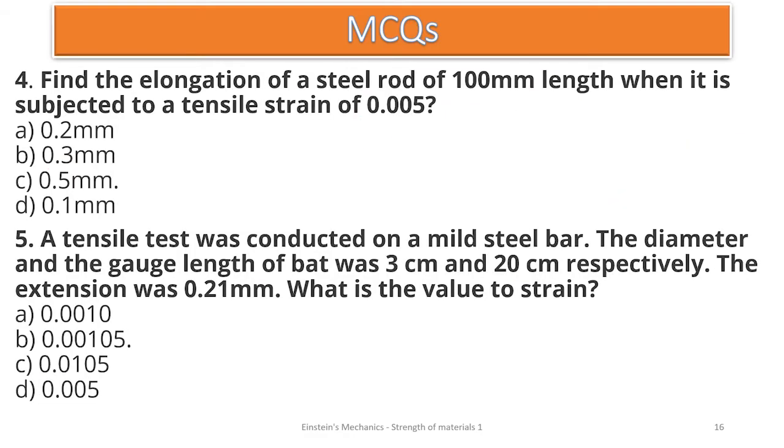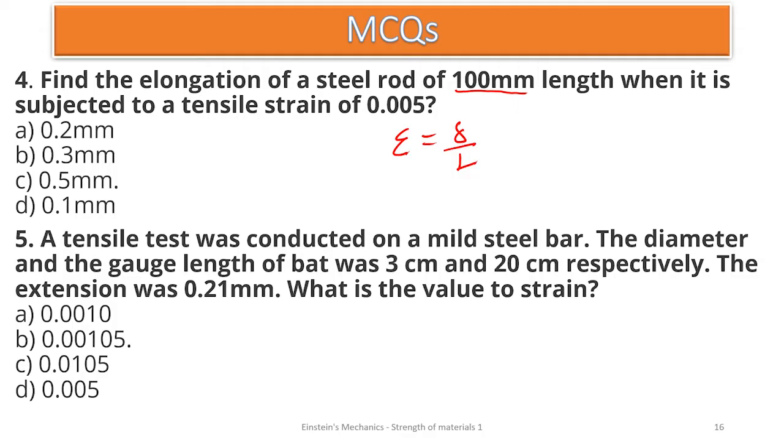Number 4, find the elongation of a steel rod of 100 mm length when it is subjected to a tensile strain of 0.05. Are we okay? So this means the strain is going to be now change in length or the elongation over the original length.